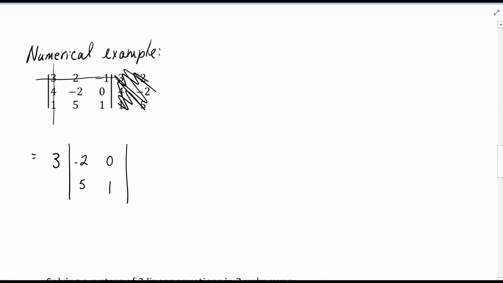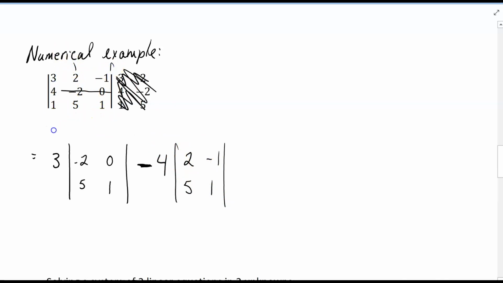Okay, now to do the second term, it's a 4, but remember it's subtract, or it's becoming a negative. When you cross off the row and column that 4 is in, we have this 2 by 2: 2, negative 1, 5, 1.